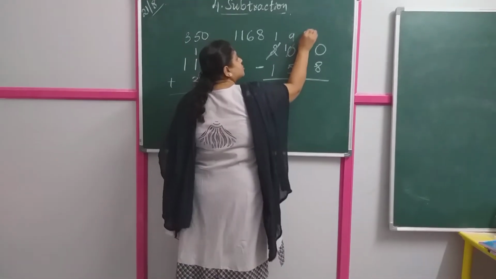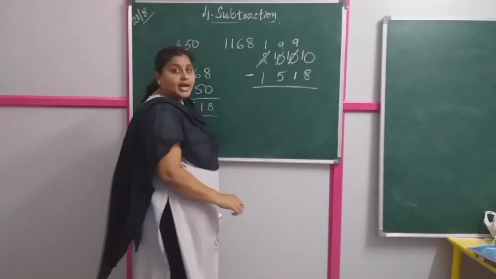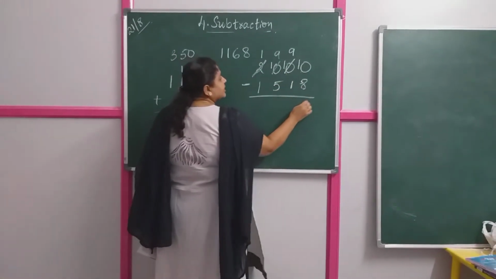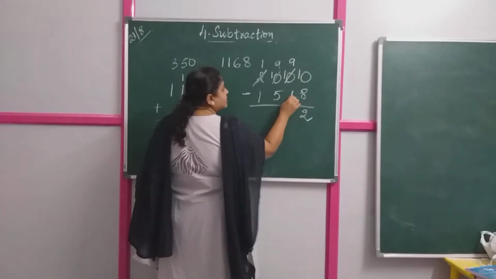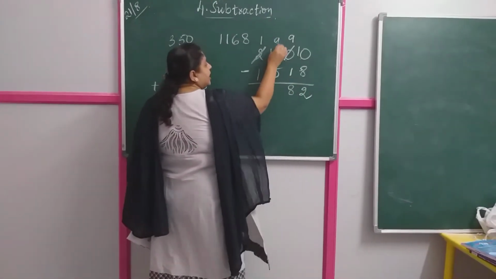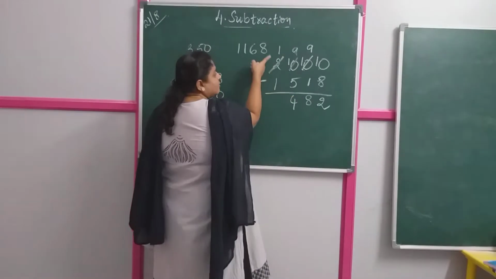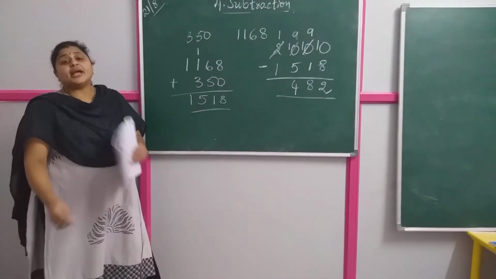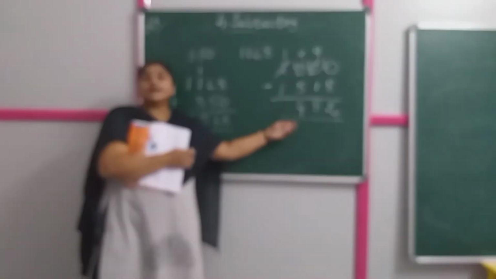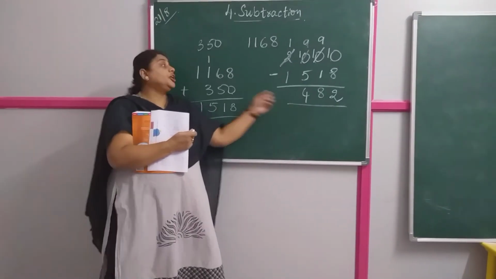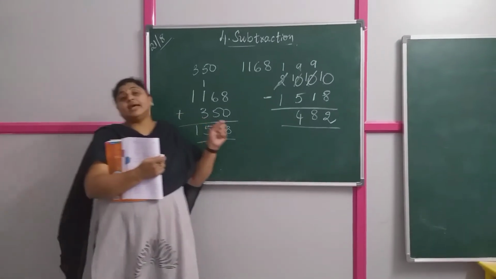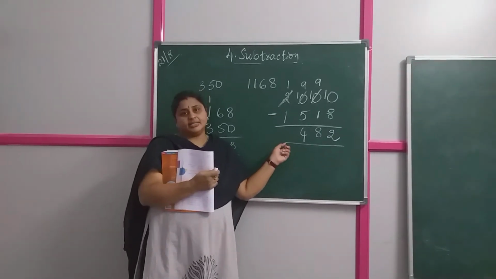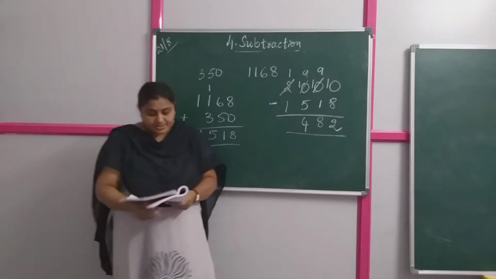Again 10 changes to 9, 0 changes to 10. Now 10 minus 8, 2. 9 minus 1, 8. 9 minus 5, 4. 1 minus 1 is 0. Now, how many more cars can be accommodated? 482. So, you are doing addition first, then subtraction next. Got it, children?